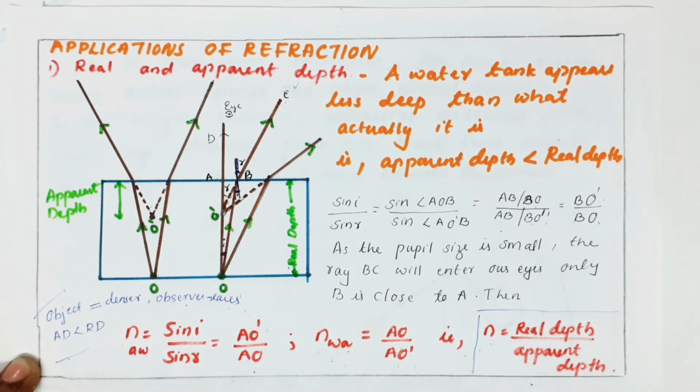The observer is inside the water, but the bird is an object in air. So the object is in a rarer medium, the observer is in a denser medium, and the observer feels the bird is farther than the actual distance. So remember the equation n equals real depth by apparent depth.